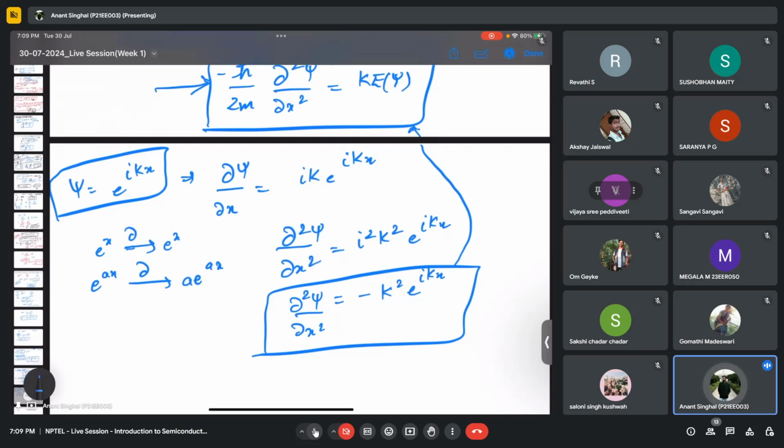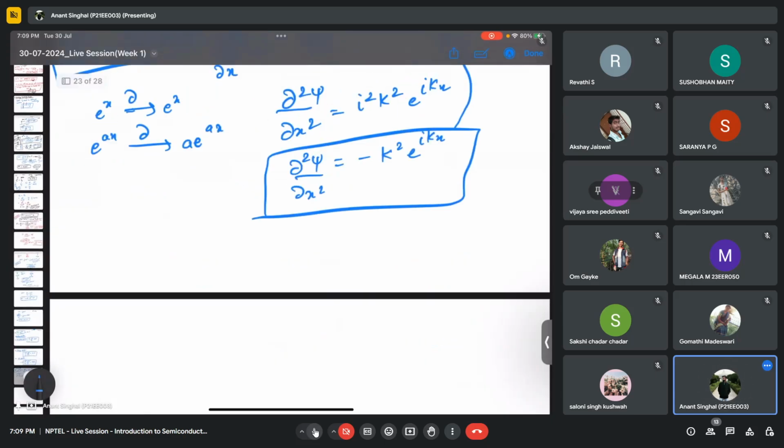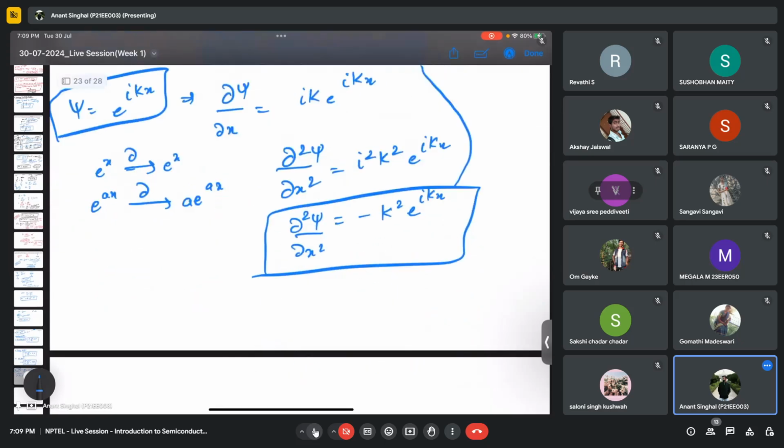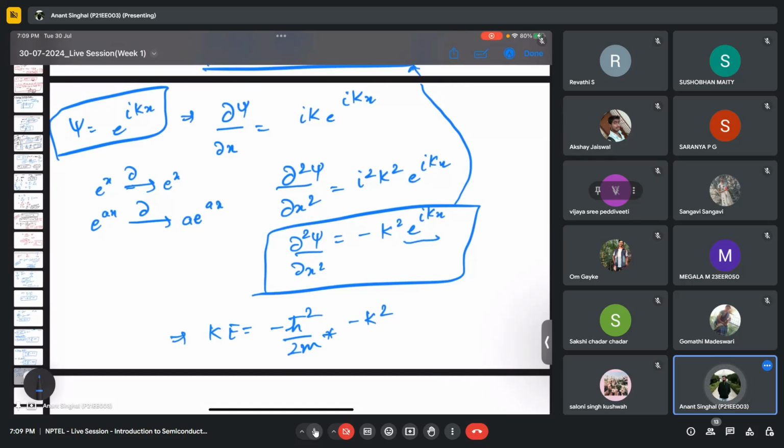So the energy of the particle will be minus h cross square by 2m times minus k square, because this is again psi.